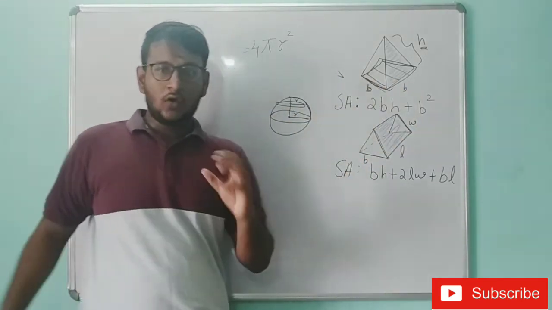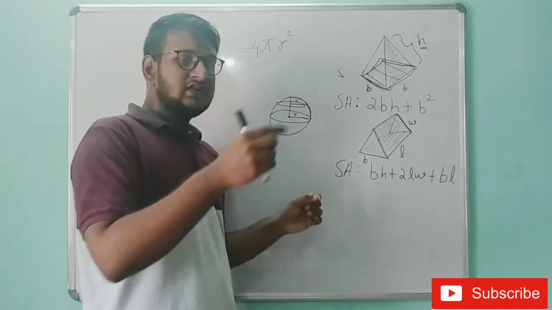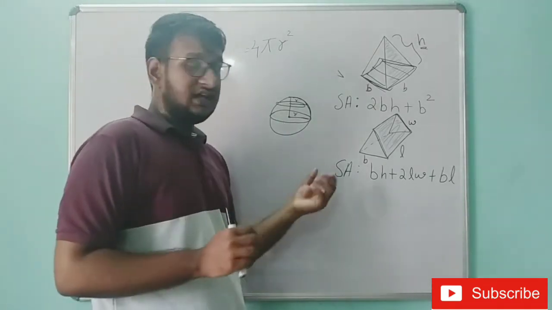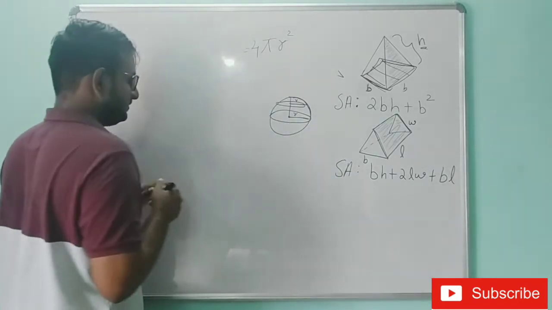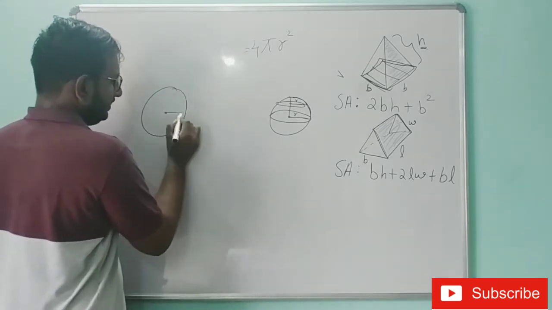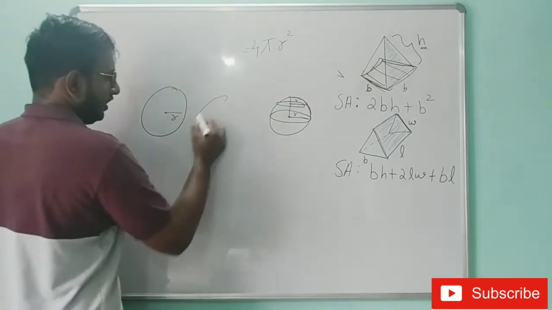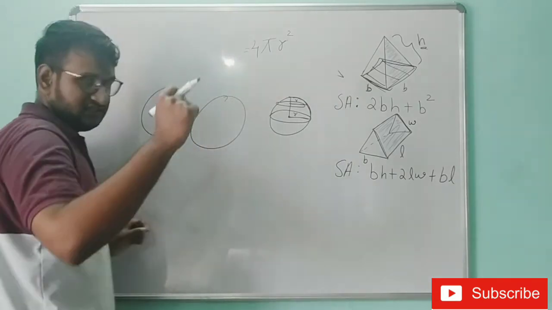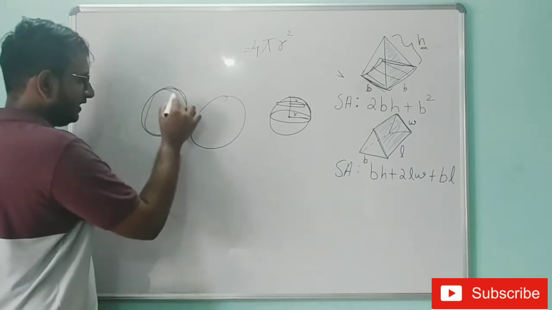Now I am going to use the thread to fill the maximum circle of this sphere, a circle which has the same radius r. So I am going to use that string and fill this circle like this.